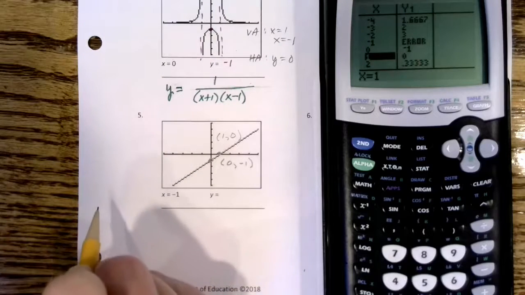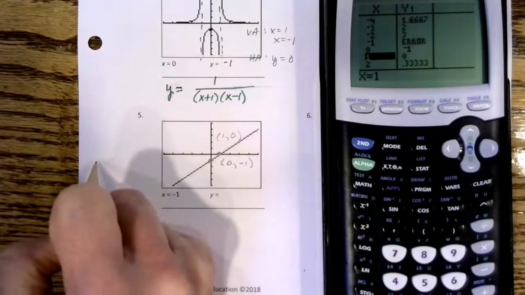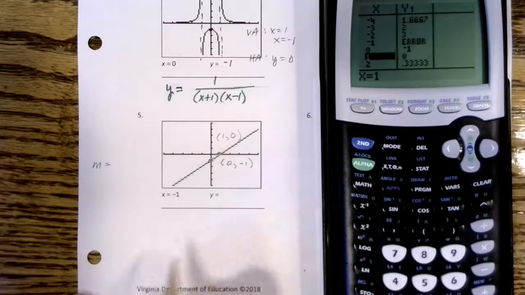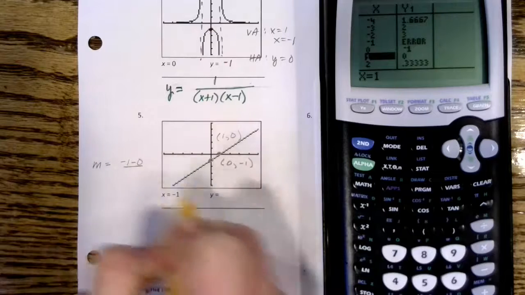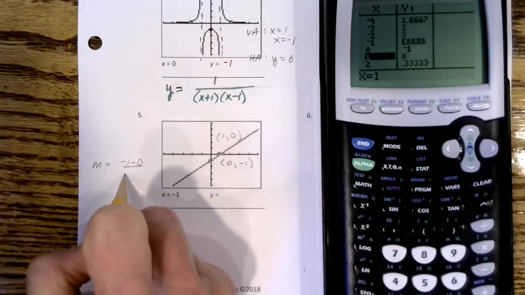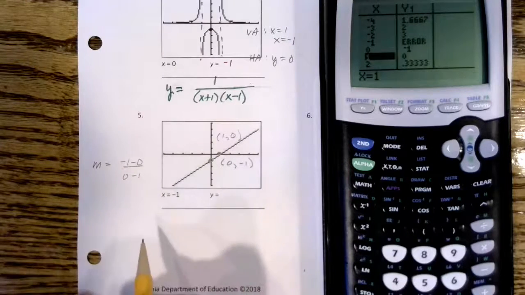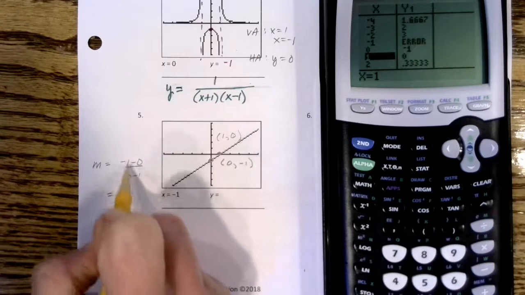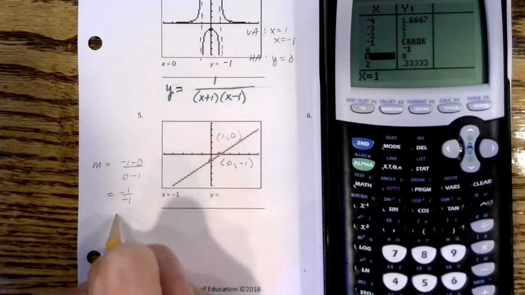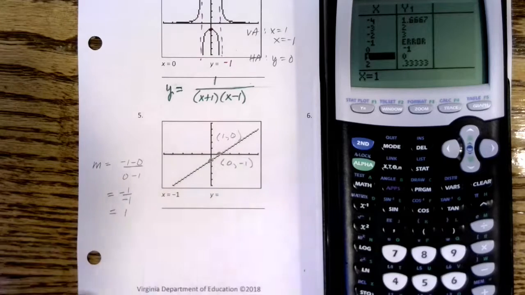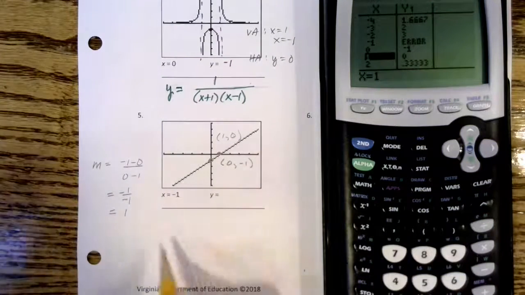So I can go ahead and say that my slope is going to be equal to my difference between my y's over my difference between my x's, which means my slope is going to be equal to -1 over -1. My slope is equal to +1.